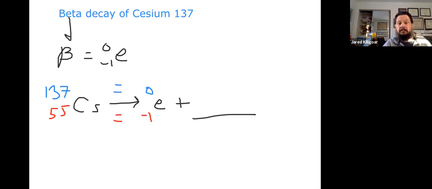And I love the beta particles because they're so easy, because the mass doesn't change. If I have 137 and I've given up 0, I'm still going to be 137. Now I need to figure out what number plus -1 equals 55. That number is 56. So 56 plus -1 equals 55. Now I take a look at my periodic table and I get to barium, Ba, the chemical symbol for barium.